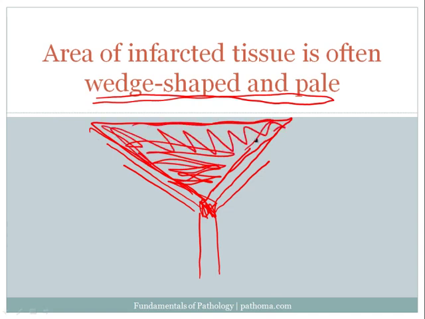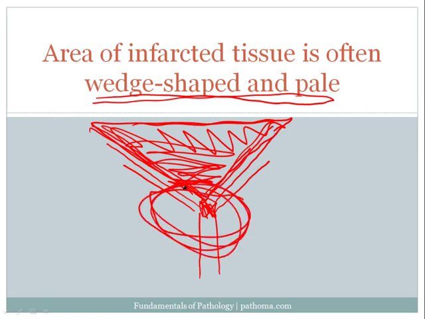Notice that this looks like a wedge-shaped area of necrosis. And one of the classic features to be aware of is that the wedge points to the area of occlusion, because it's pointing to the area where the dichotomous branching was occurring. So I don't think it's hard to remember that these areas are usually wedge-shaped.